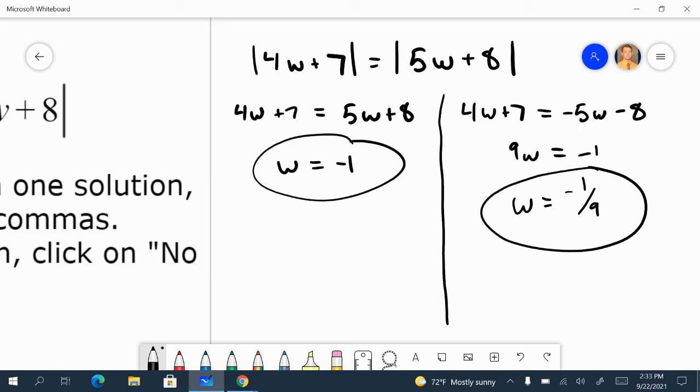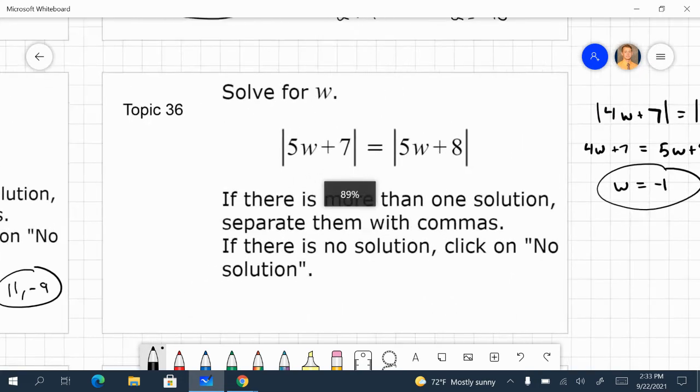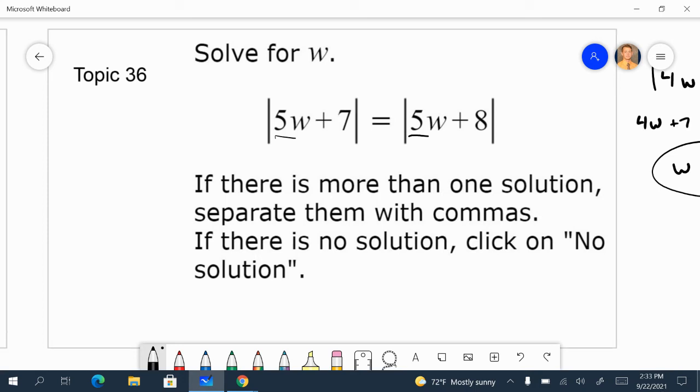Now, they're not all going to have two solutions, because if we go back to the original problem, you can see that we've got 5W and 5W. So the original one wouldn't work if I was setting them up.